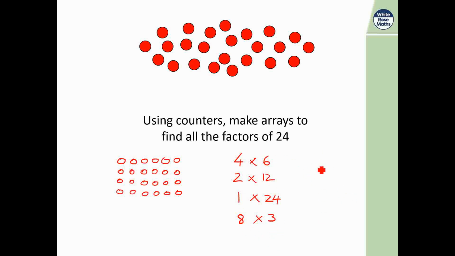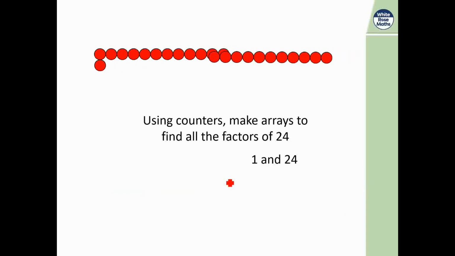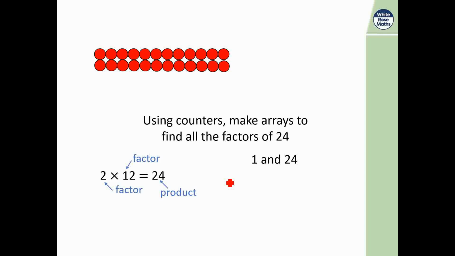So in other words, all the factors, if you list them, would be 4, 6, 2, 12, 1, 24, 8, 3. Of course, you could put them in order. Now they're doing 2 times 12. 2 and 12, so 24 again is the product.